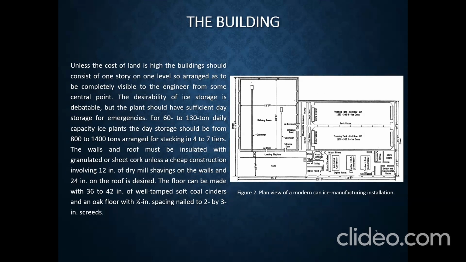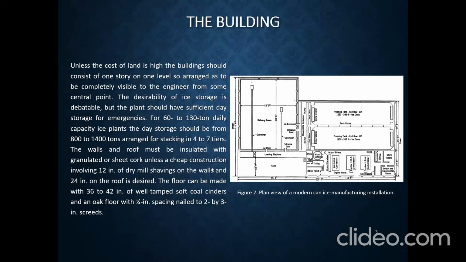The desirability of ice storage is debatable, but the plant should have sufficient day storage for emergencies. For 60 to 130 ton daily capacity ice plant, the day storage should be from 800 to 1,400 tons, arranged for stacking in 4 to 7 tiers.